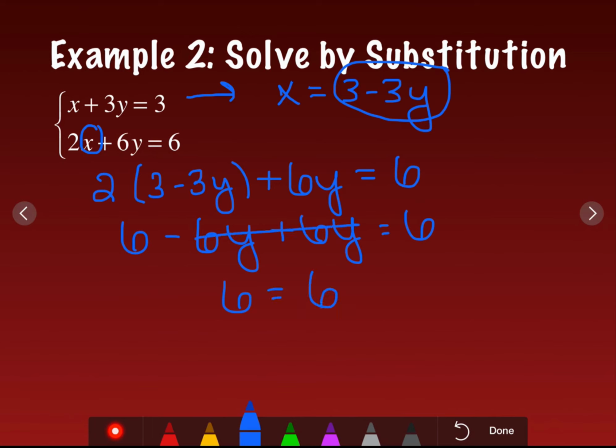So I no longer have a variable. This is the case where I have a consistent but dependent solution. So there are infinitely many solutions to this system. It doesn't matter what x is or what y is, I'm always going to have an ordered pair that's going to be a solution. So my answer here is infinitely many solutions.